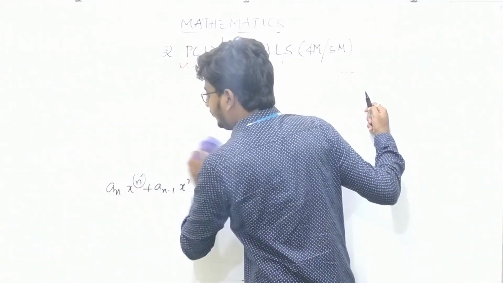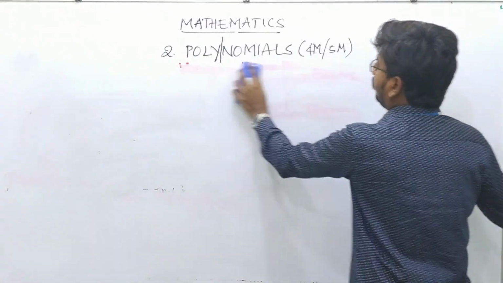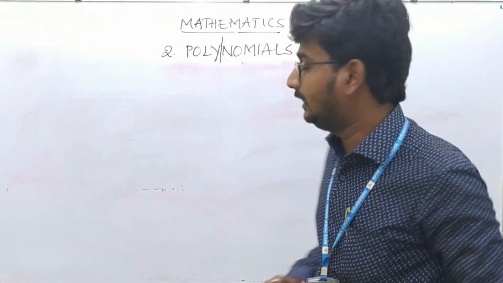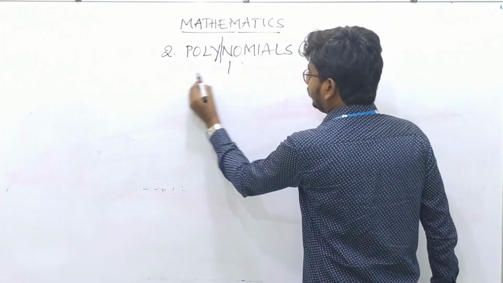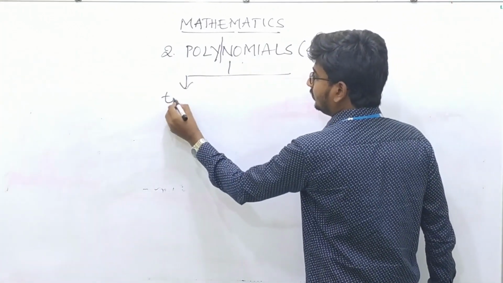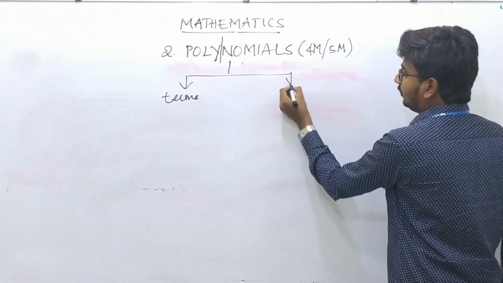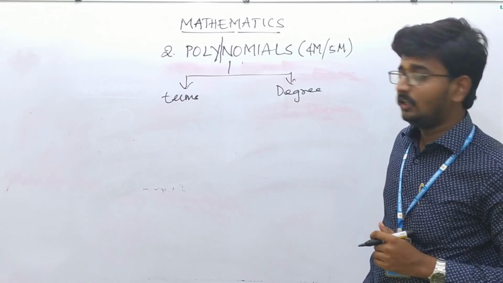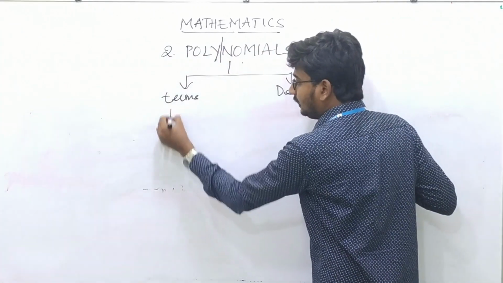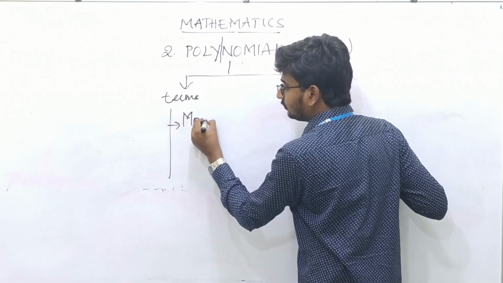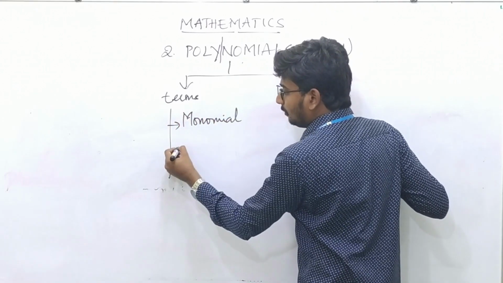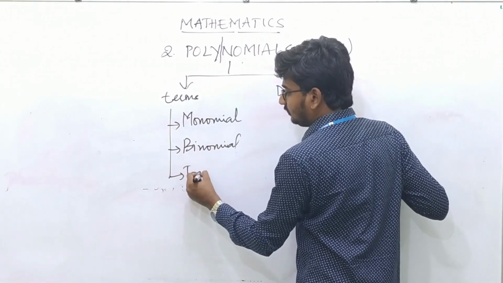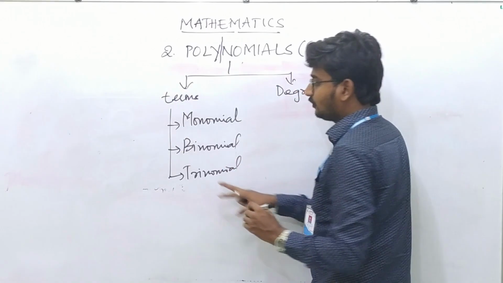As I said earlier, polynomials are classified based on terms and based on degree. Based on terms, it is monomial, binomial, trinomial, and so on.